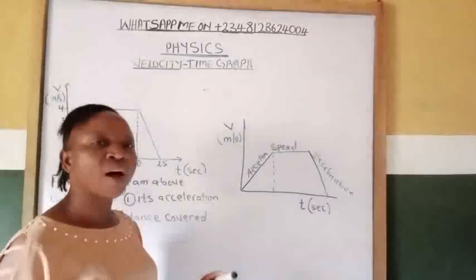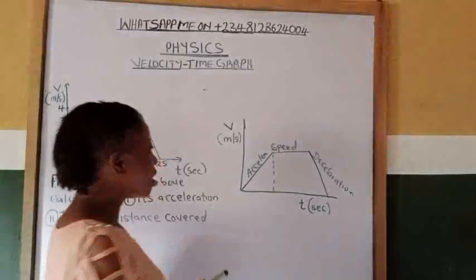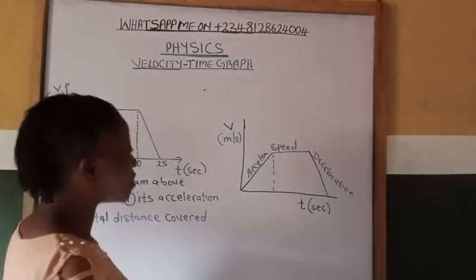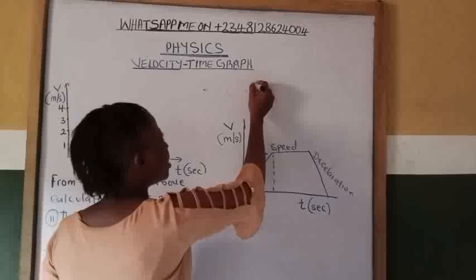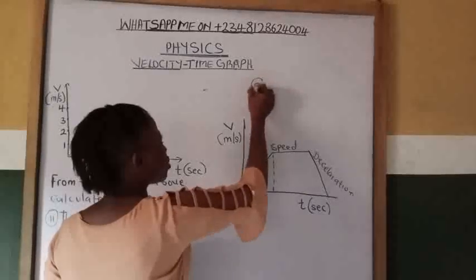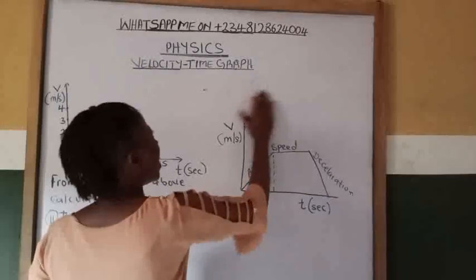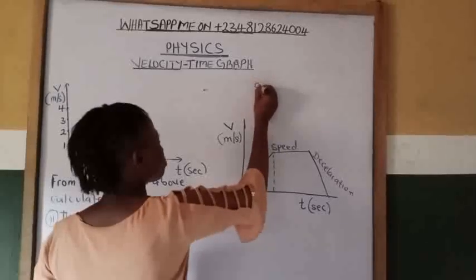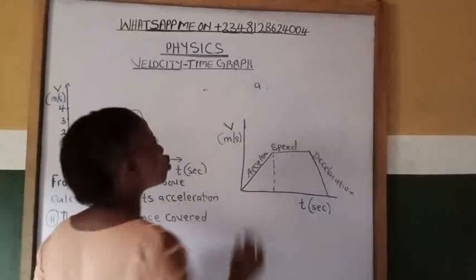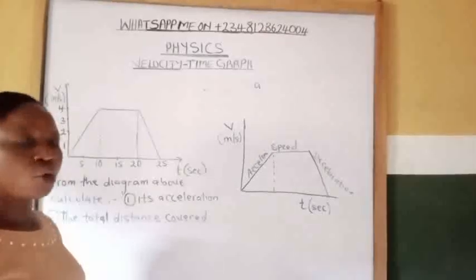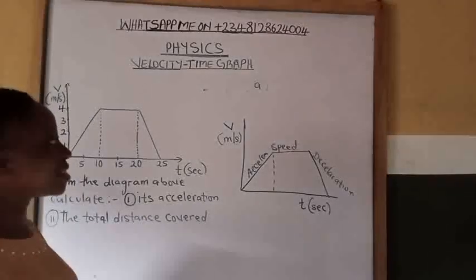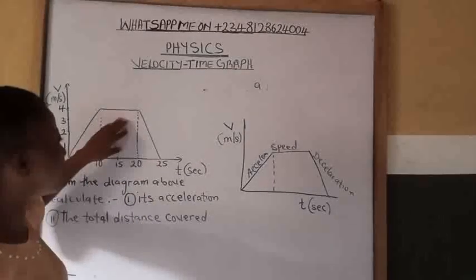So let's quickly talk about the calculation aspect of it. If they ask you to calculate the acceleration, then acceleration is A. So you can use two methods. You can apply two methods to calculate acceleration on velocity time graph.